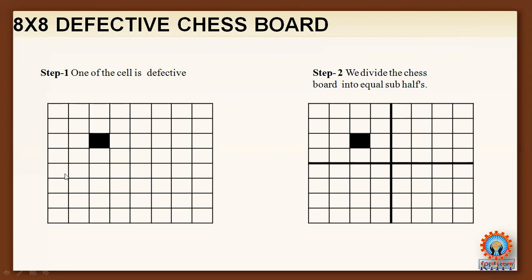Among those 8 into 8, 64 squares, one square should be the defective square, marked with fully black color. So now we can consider this a defective chessboard of size 8 by 8. Now one of the cells is defective in the given 8 by 8 chessboard.